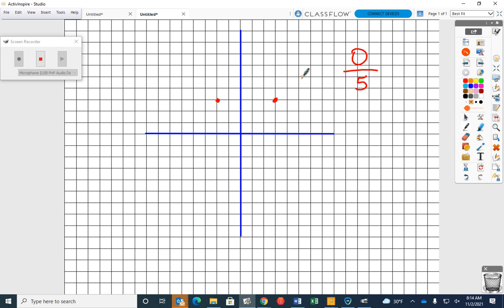Okay, anytime that you have a 0 on the top, that means this is 0 or no slope. And if you were to look at those 2 points, am I going up or down from one to the other? Class, look over here. Am I going up or down from one to the other? No. So there's no slope or 0 slope. Make sense?